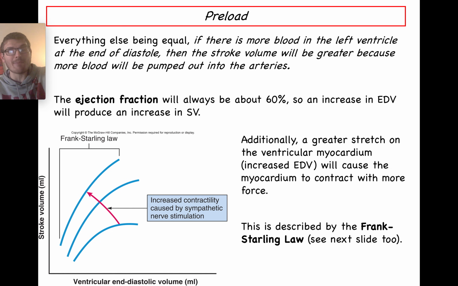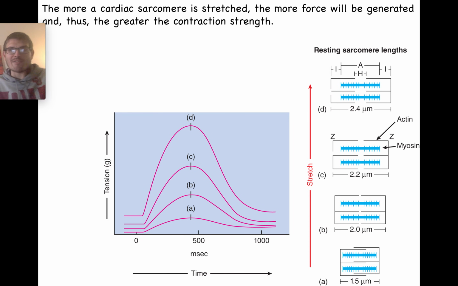And this is described by what is called the Frank-Starling law. So if you look here, in cases at the bottom where the sarcomeres in the cardiac muscle fibers are not stretched out at all, you're not really going to produce a whole lot of tension. So you can see A there corresponds to a very small amount of tension once contraction occurs.